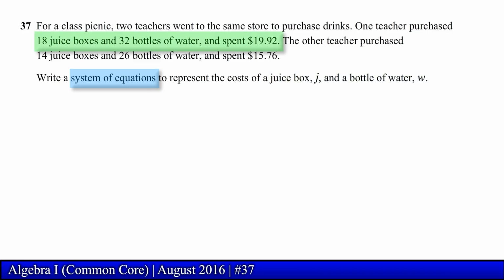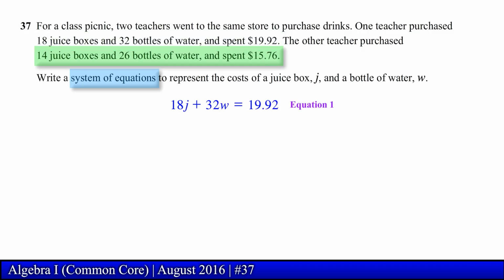We know from the problem that the first teacher bought 18 juice boxes and 32 bottles of water. The teacher ended up paying a total of $19.92. So if we take the number of each item bought and multiply each item with their respective price, it should equal $19.92.